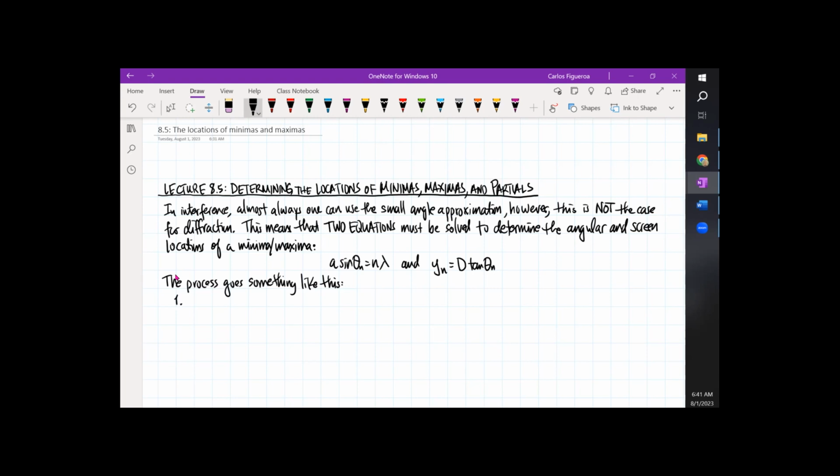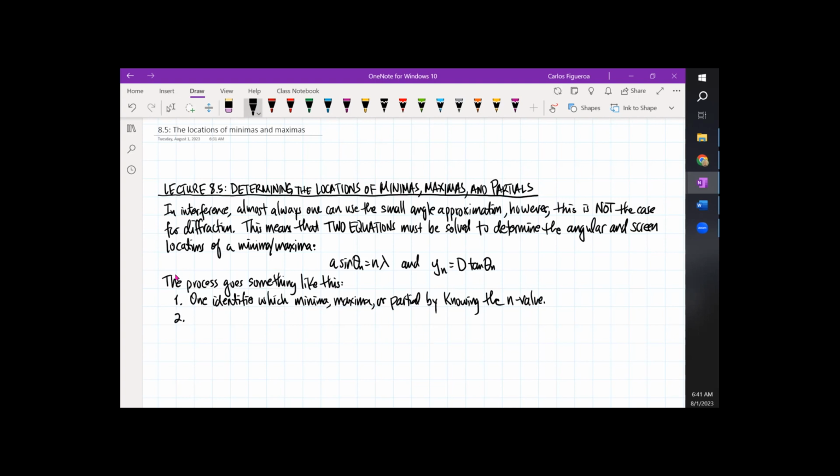So typically, the first thing that you do here is that one identifies which minima, maxima, or partial by knowing the n value. In other words, you calculate n max and then you're going to figure out where you're at.